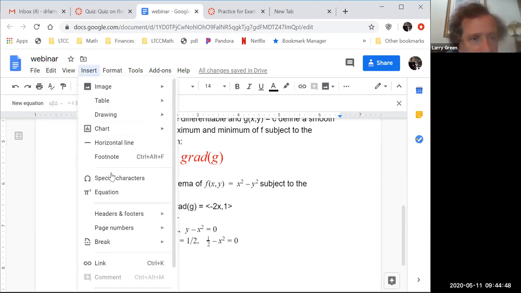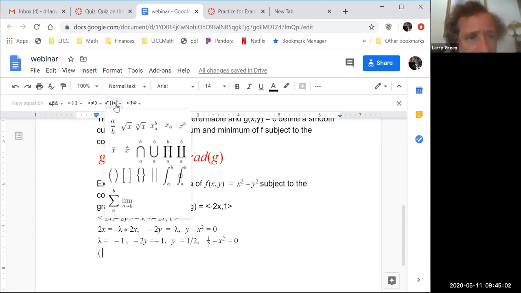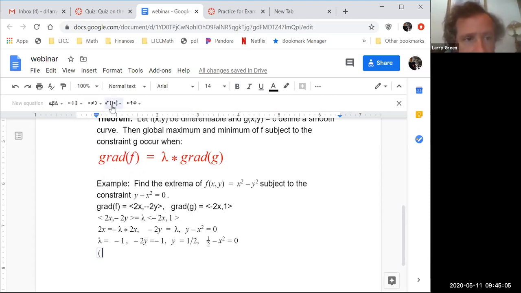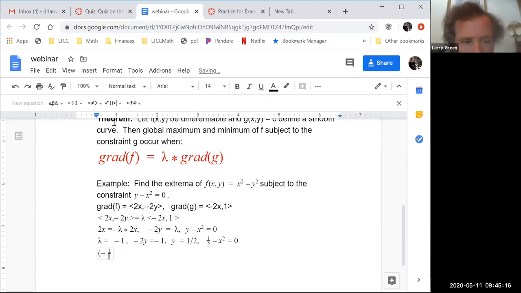So the points are going to be at x equals negative 1 over the square root of 2, comma, and y is 1/2.